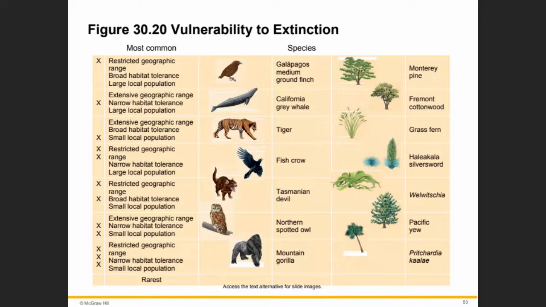The tiger, the grass fern, and also it's a small local population too. The fish crow has a restricted geographic range, narrow habitat tolerance with a large local population.